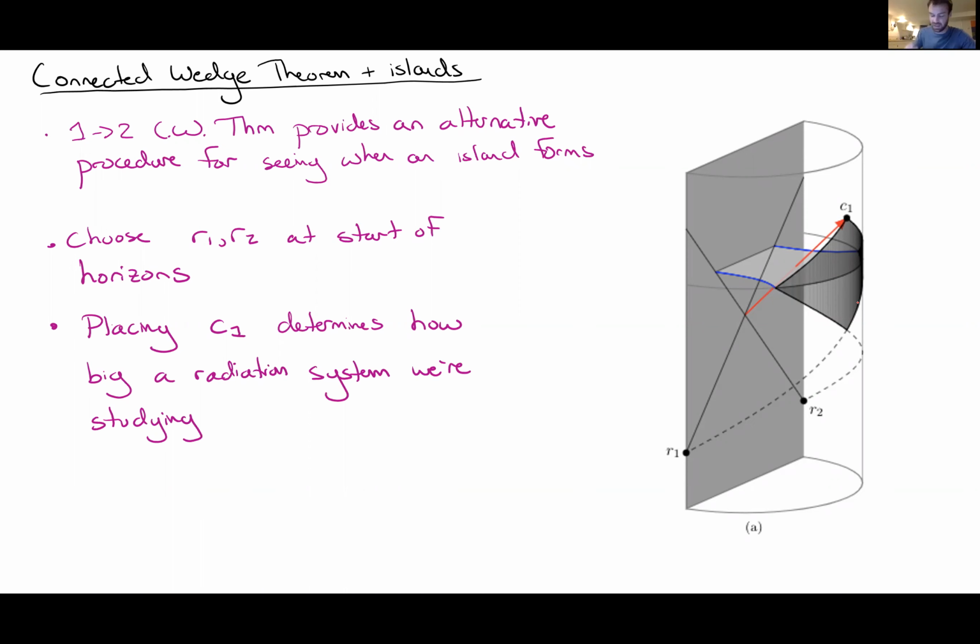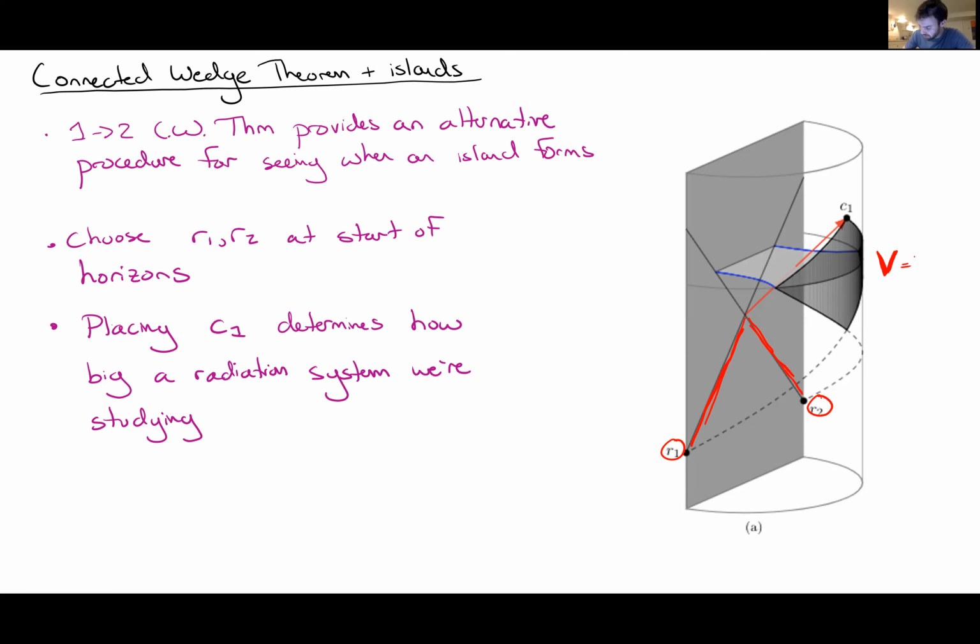And then C1, you're free to move around, and your choice of where to put C1 is going to define how big of a radiation system you have. In particular, V is going to be the radiation system. V was picked out by, in this case, J minus of C1 intersect J plus of R1 intersect J plus of R2.